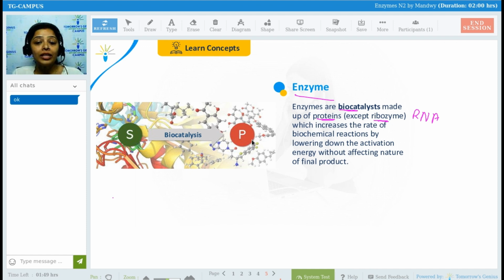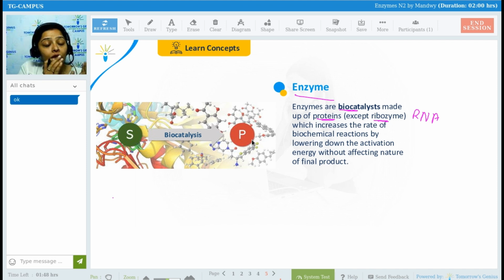So when an enzyme accelerates a chemical reaction inside the cell, it reduces the activation energy of the reactant, but it will not affect the end product, the final product.